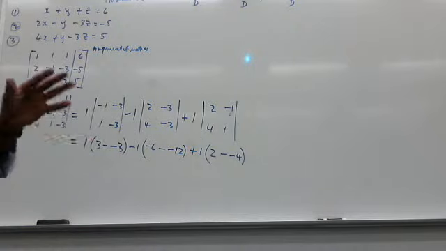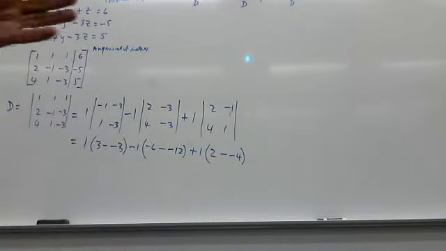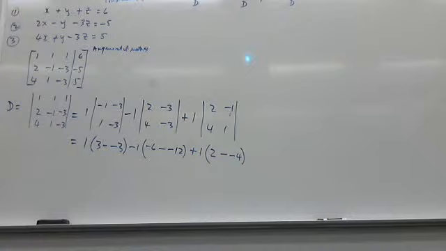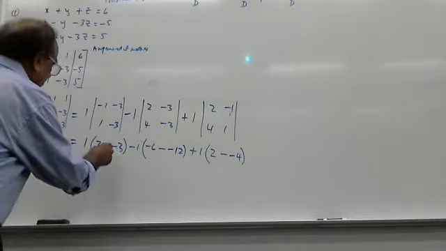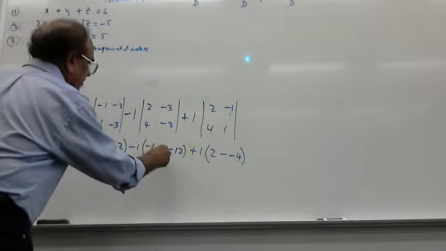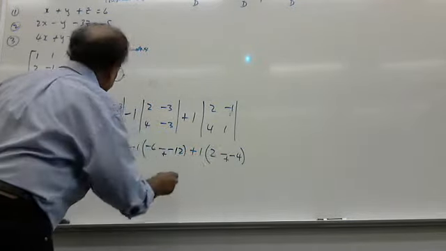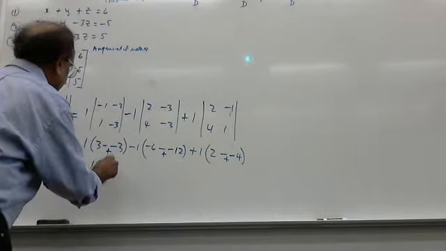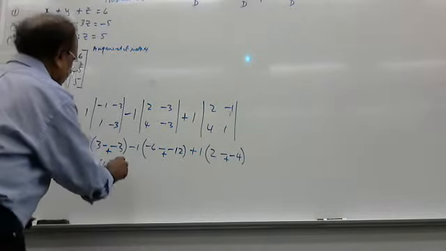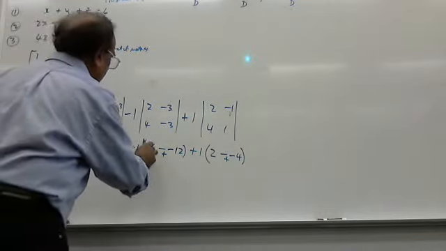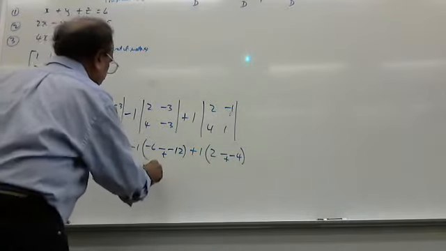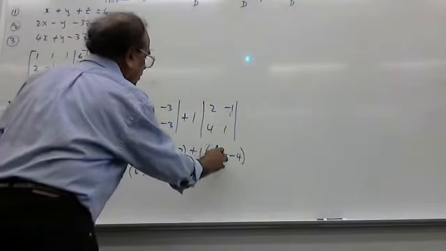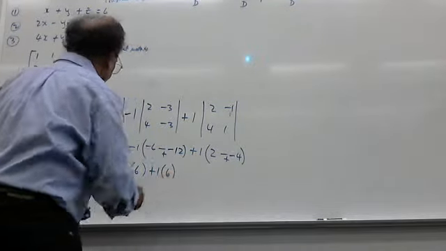Now this process is a little bit lengthy because there's a lot of work involved, but nevertheless we are going to do it. So this is going to give us a plus here, and then this is going to be 1 times 6, 3 plus 3 is 6, minus 1 times -6 plus 12, so this is going to give us a plus 6 here, plus 1 times 2 plus 4 is going to give us 6 here.